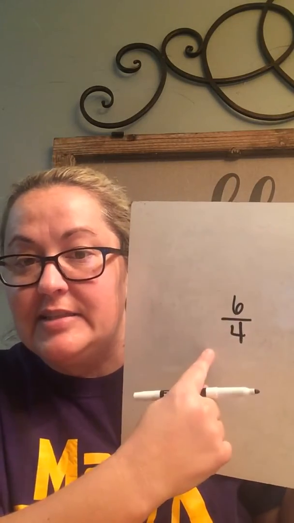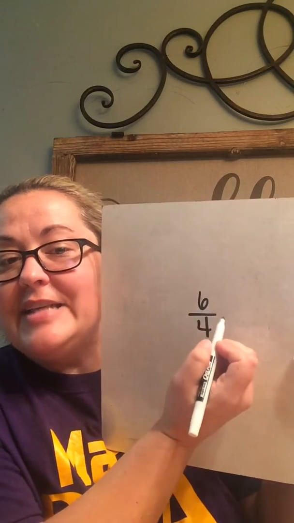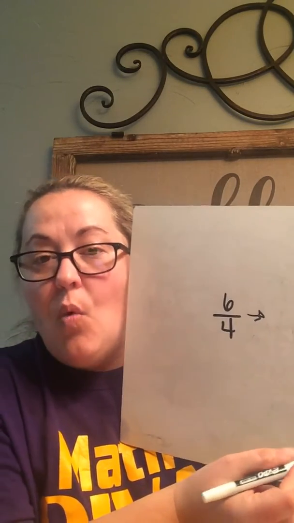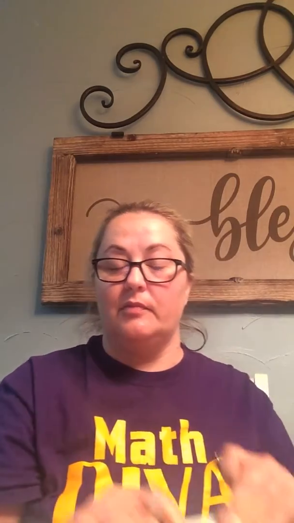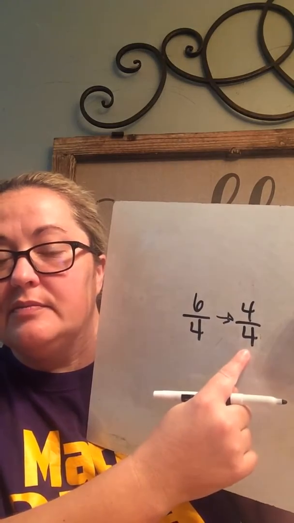We have to fix this. What do we know, kids? We know that we can take out one whole. When is this a whole? It's a whole when it's 4/4. Okay? So we're going to take out this 4/4.